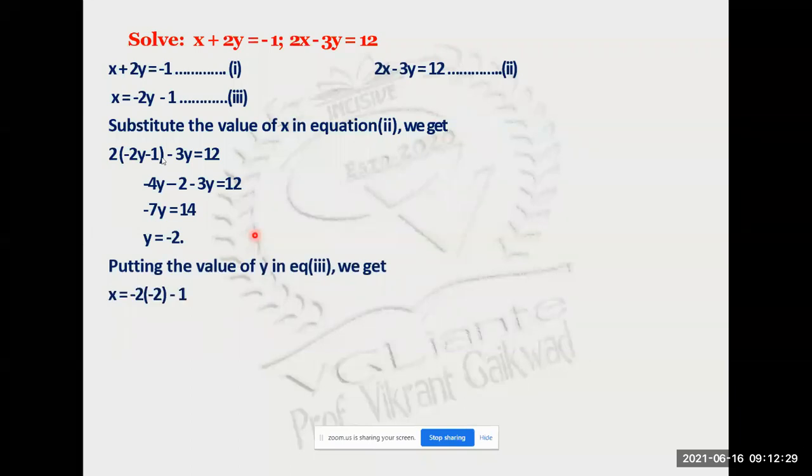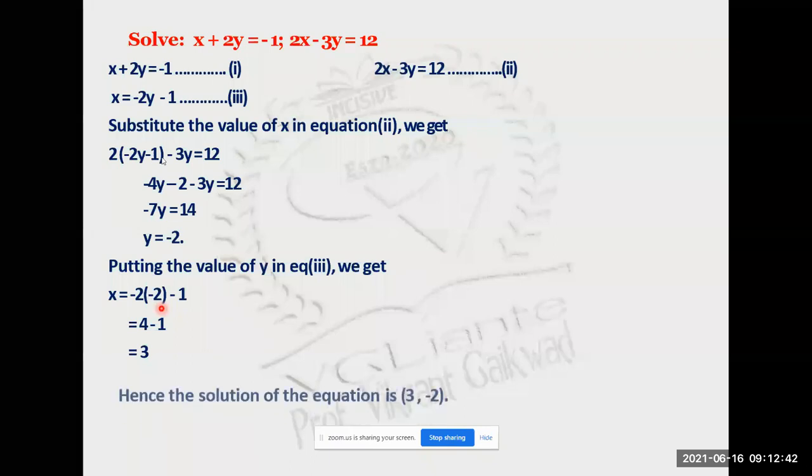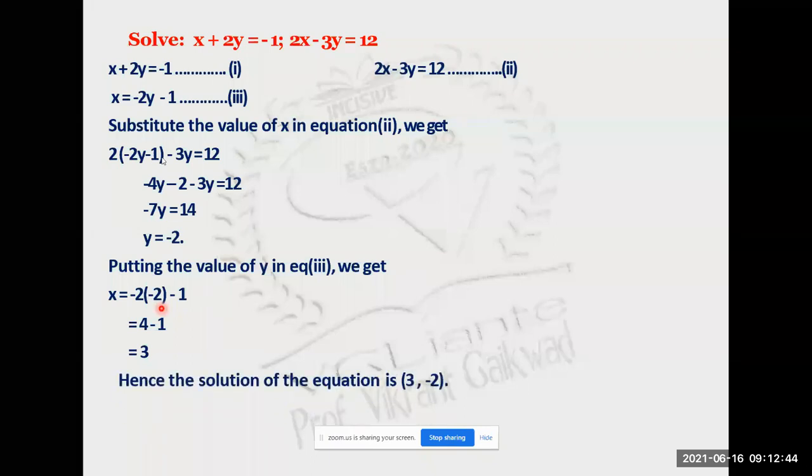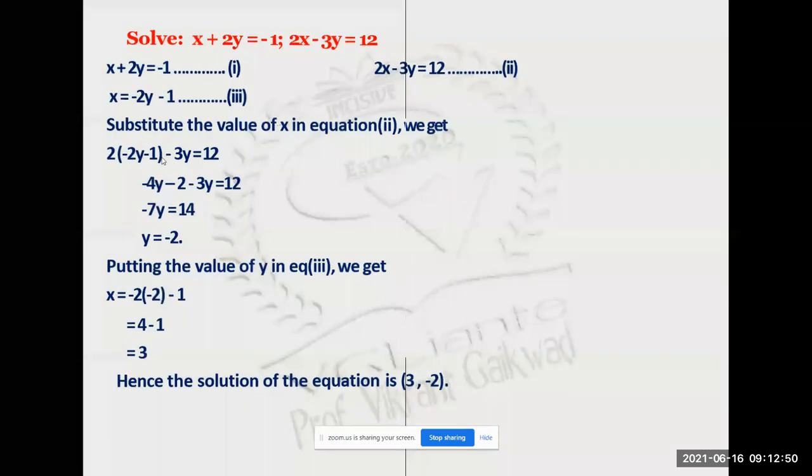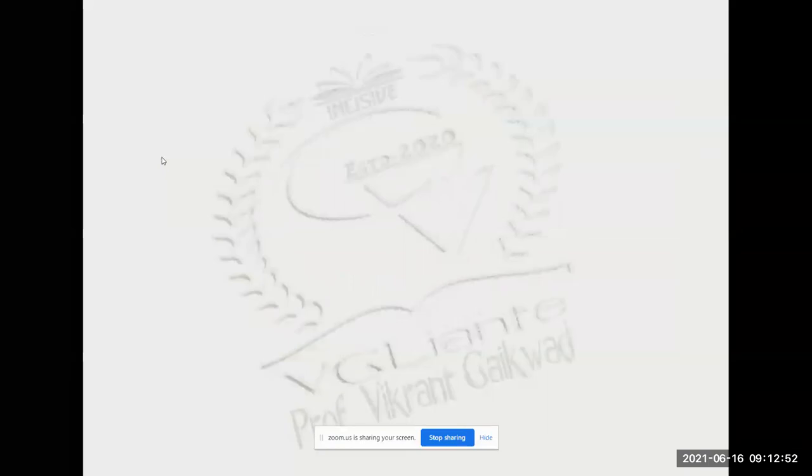So x equals minus 2 into minus 2 minus 1. So that is 4 minus 1, because minus into minus is plus. So 4 minus 1 equals 3. 3 is the solution of the equation.